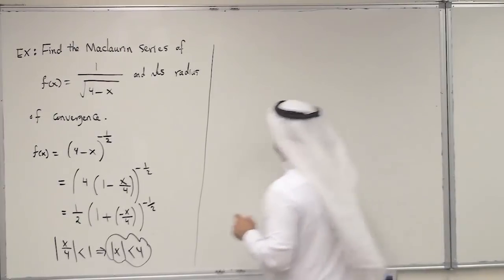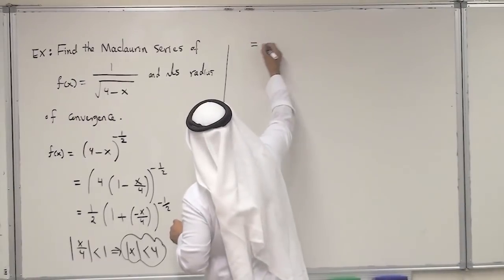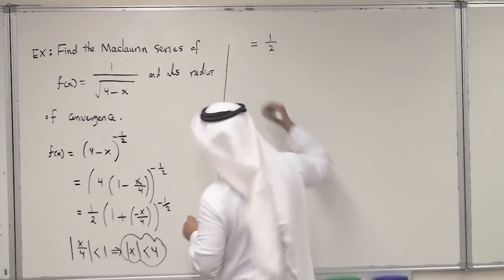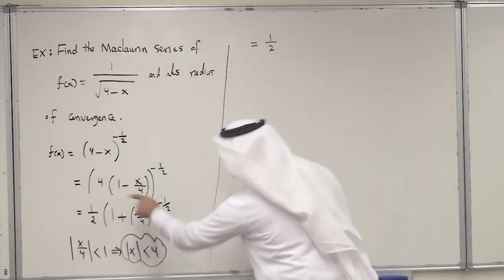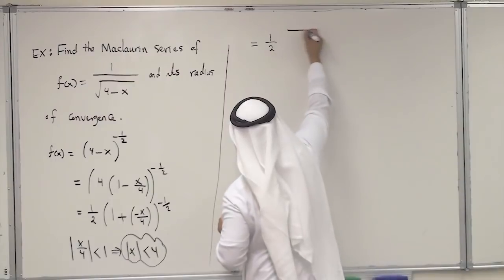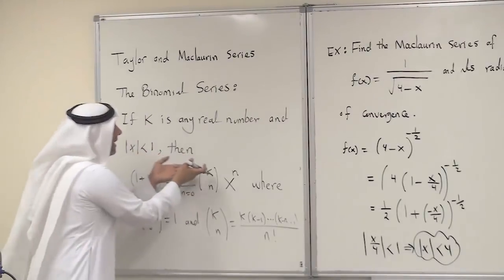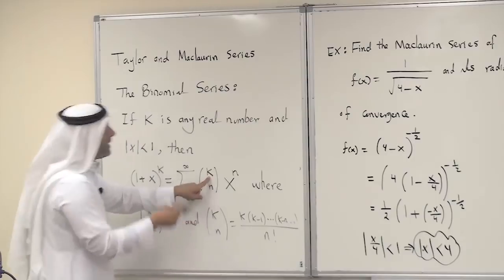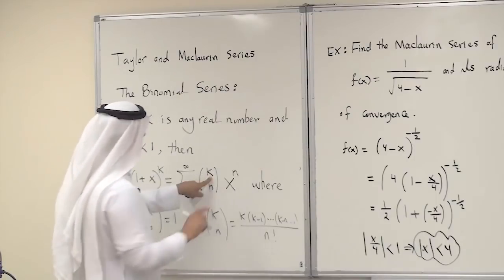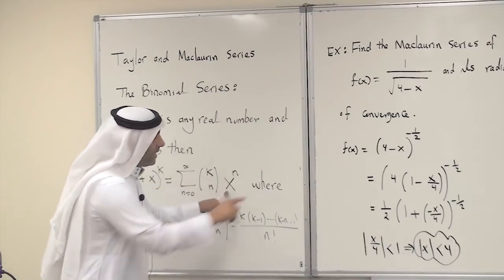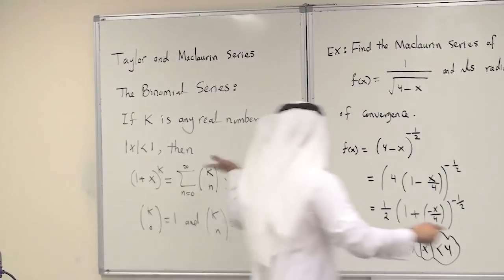According to the theorem we have, this is equal to 1/2 times a summation. Go back to the binomial series: you start from 0 up to infinity, k choose n. In that case k is equal to minus 1/2, and x there is minus x over 4.